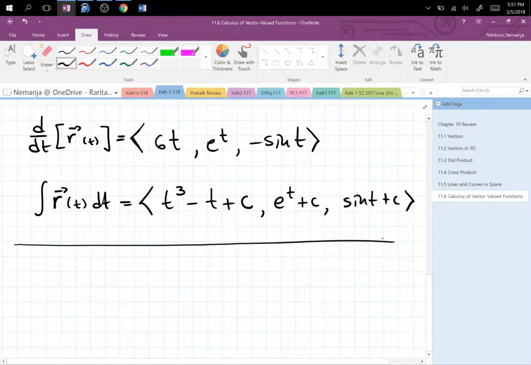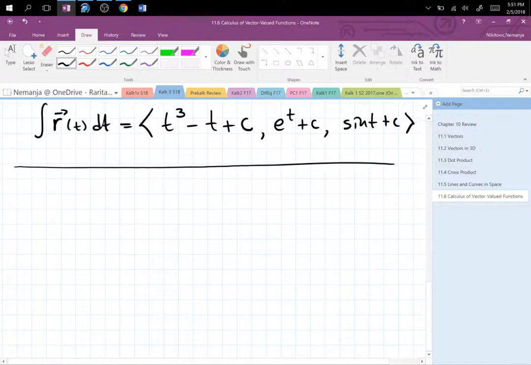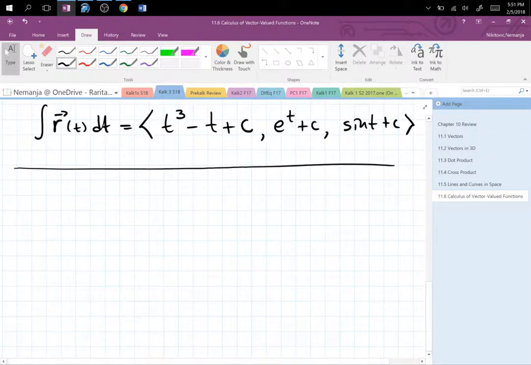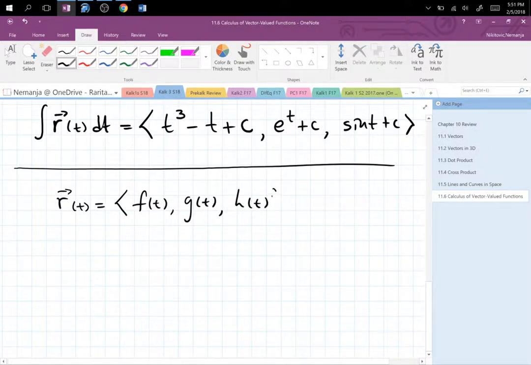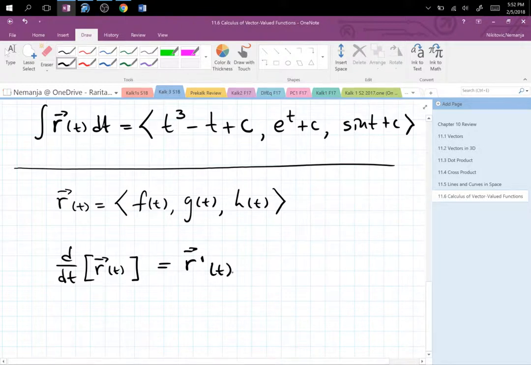So if you have your vector valued function r of t given as f of t, g of t, and h of t, we can find its derivative, which will be denoted as r prime of t.